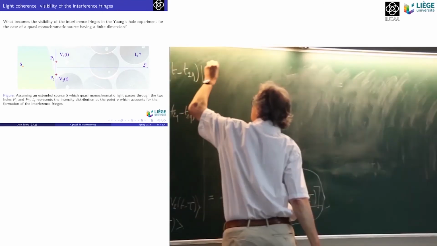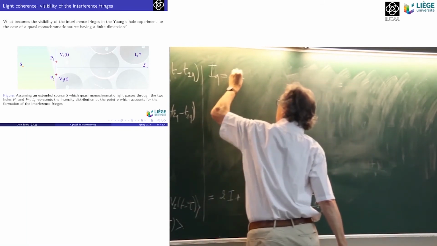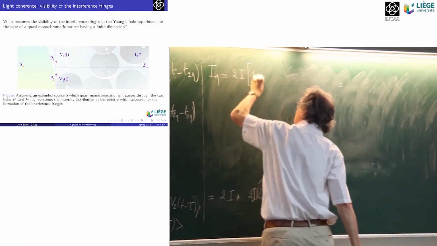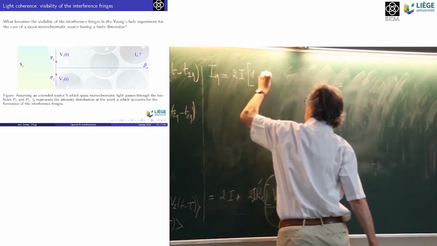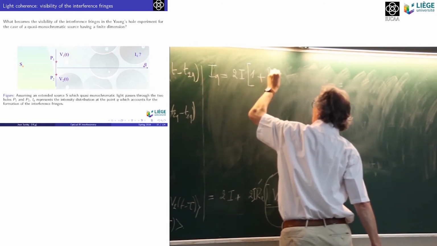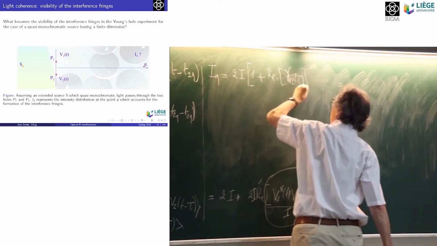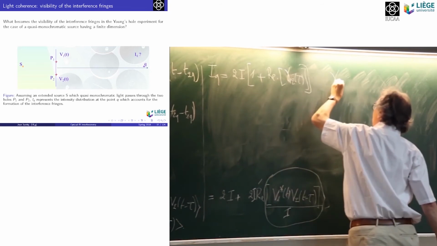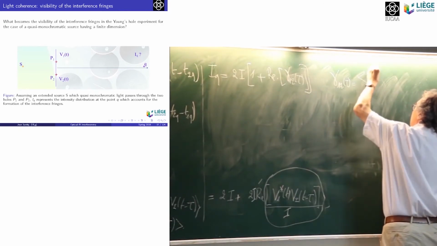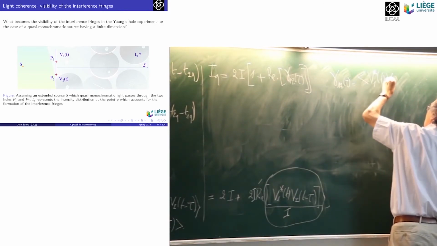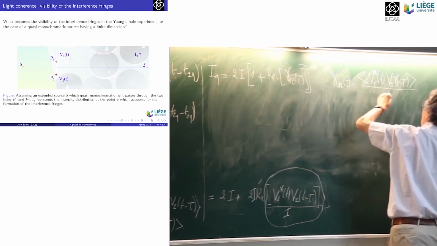The intensity in the observer screen is equal to 2i multiplied by 1 plus the real part of gamma 1,2, which only depends on tau, where gamma 1,2 of tau is equal to the time average of the correlations between the two fields, the two points, like that.